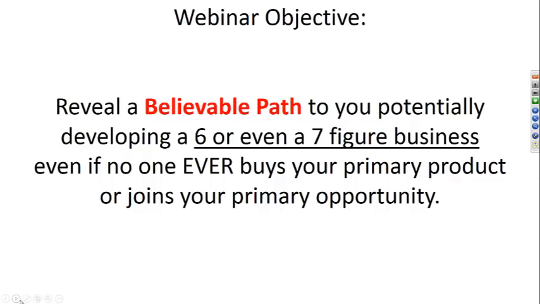The overwhelming majority of those folks are still not going to join. All right, so why even do all this stuff? Well, because we understand the law of averages takes effect when you employ the law of large numbers, okay? So if you employ the law of large numbers, the law of averages takes effect, and you're going to get a percentage of folks that's ultimately going to join you.